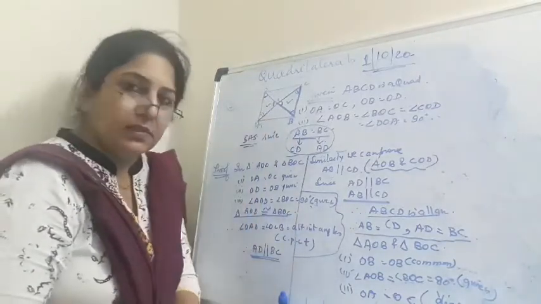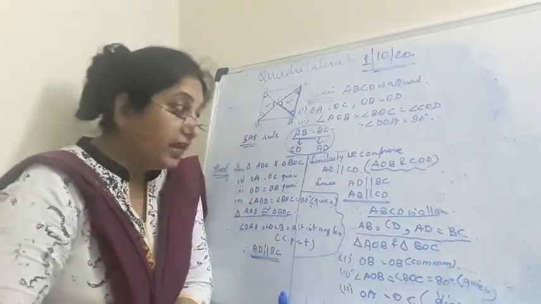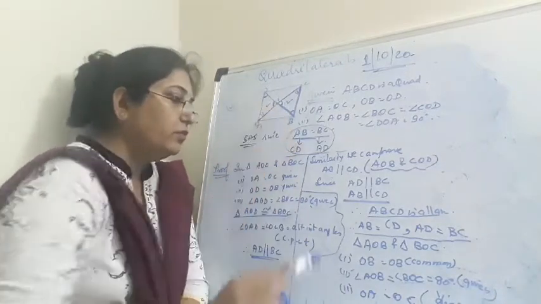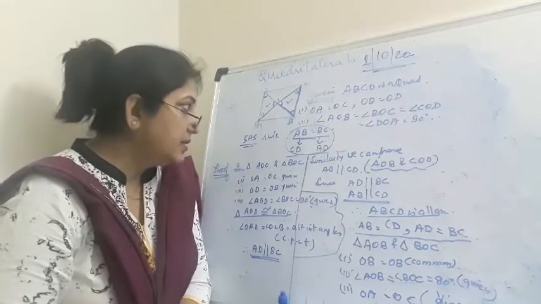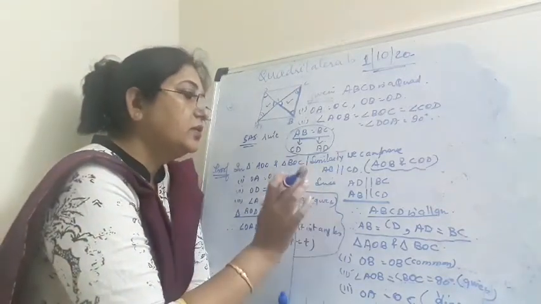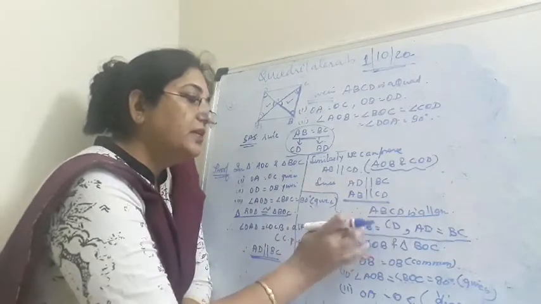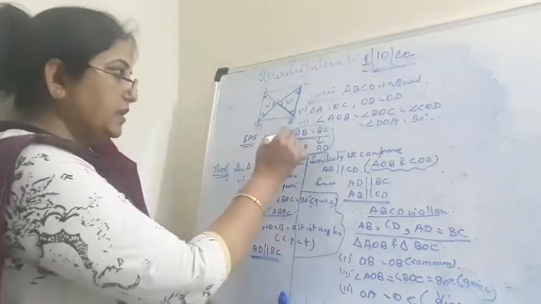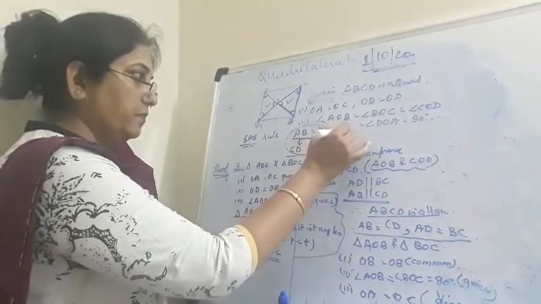After proving that ABCD is a parallelogram, we will then consider these two triangles, the adjacent triangles, and then we prove them to be congruent by SAS. And then we apply that if AD is equal to BC and AB is equal to CD, we now get AB is equal to BC by CPCT.